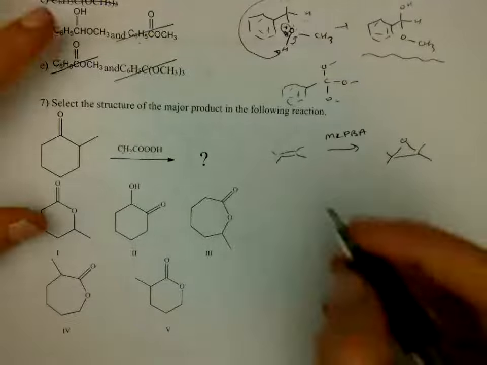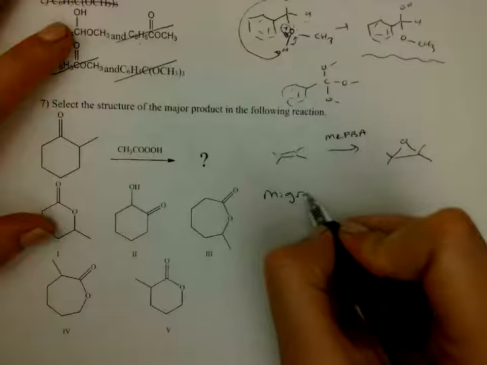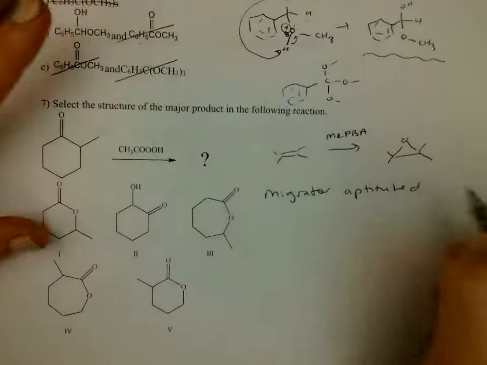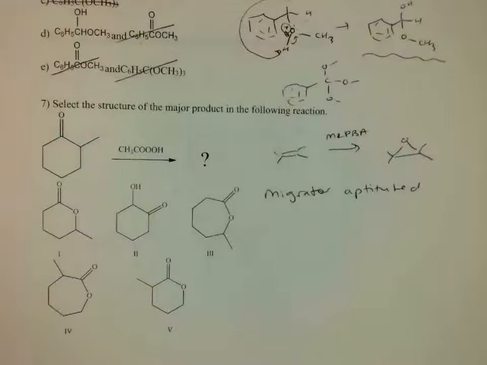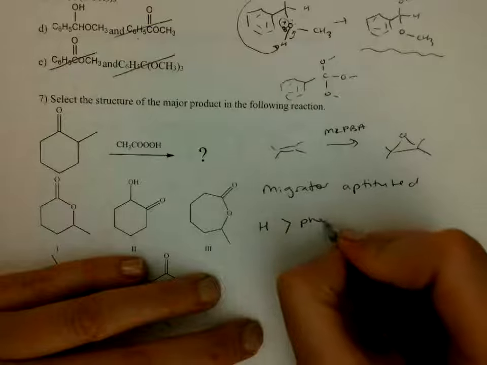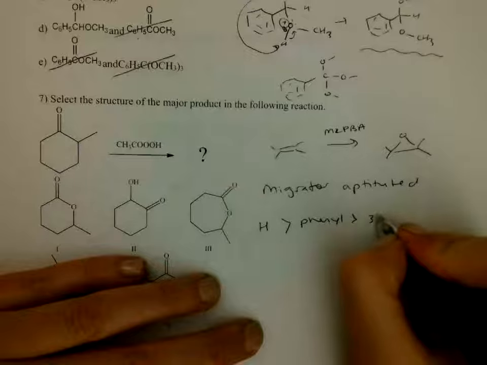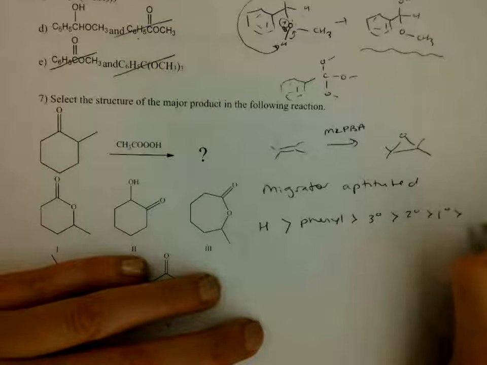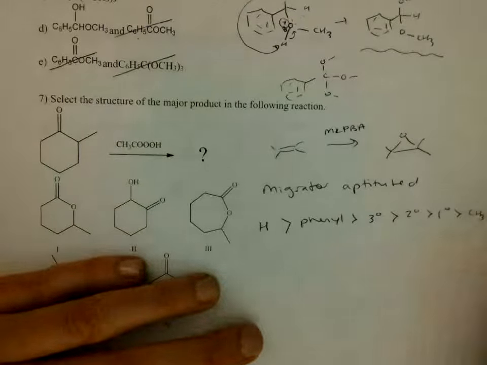The trick is you need to know the migratory aptitude. The migratory aptitude, the first one I believe is hydrogen, but I don't want to tell you wrong, so let me refer back to my notes. Number 7. Okay. Yeah, hydrogen will move over the most easily, then phenyl, then a tertiary alkyl group, then a secondary alkyl, then a primary, then a methyl.